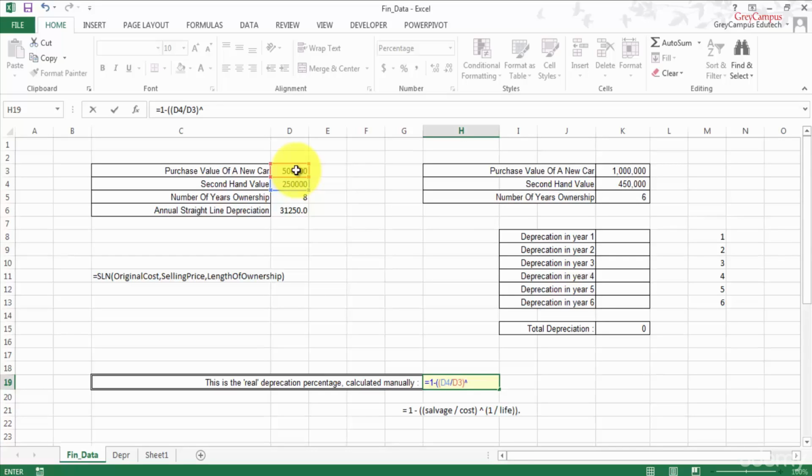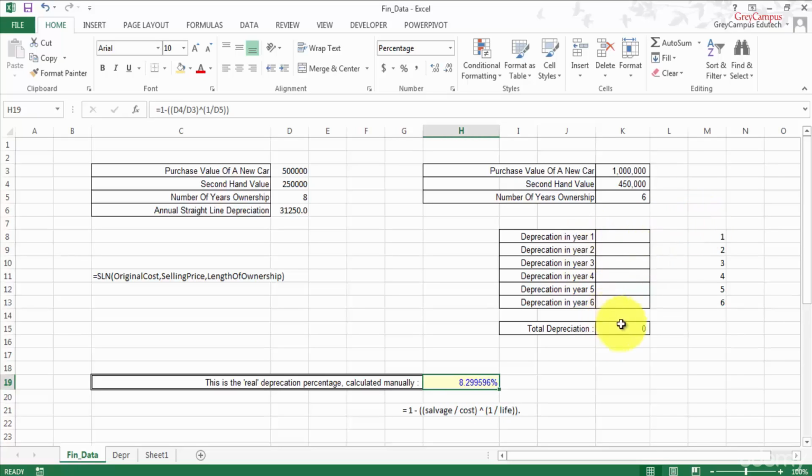We use this symbol on your keyboard, just above 6 on the numeric row, and then to the power of 1 by life. So this is life. We close the bracket, and the moment we press enter, we see that the actual depreciation for this particular car is 8.29%.